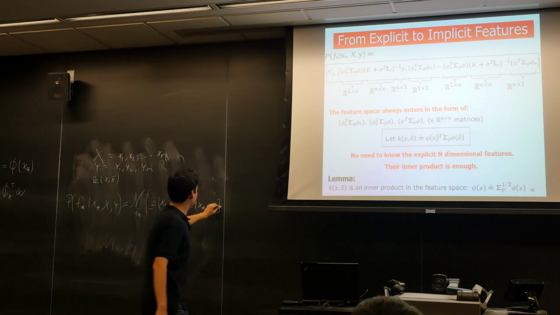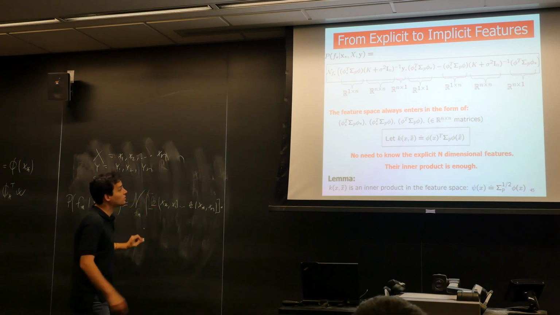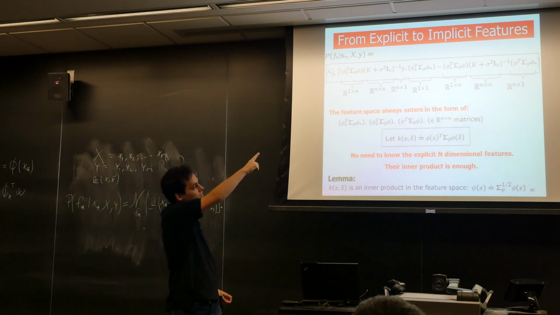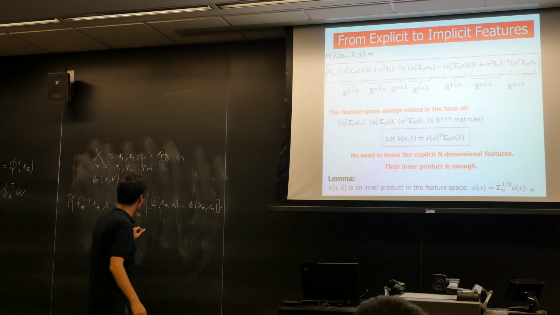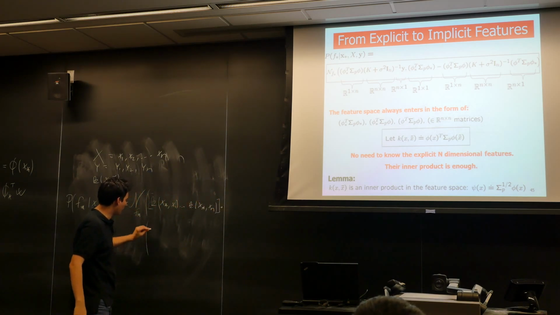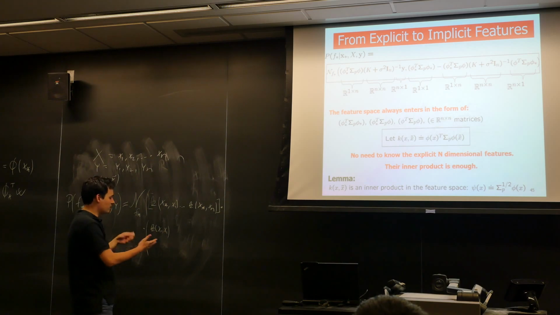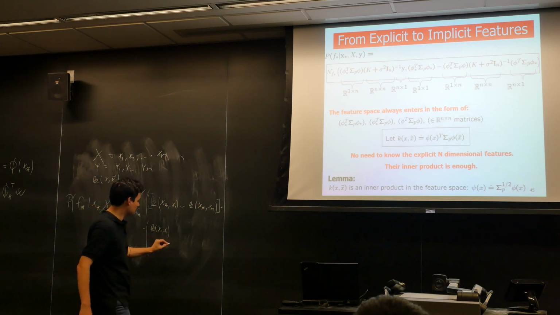Times the inverse of that matrix, K plus sigma squared times I_n. So what's K? K is a gram matrix, the kernel between all instances in the training data set.